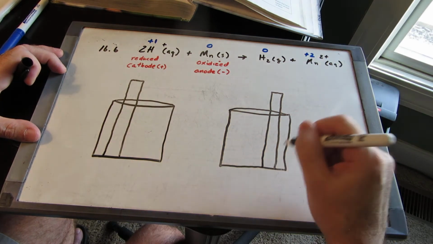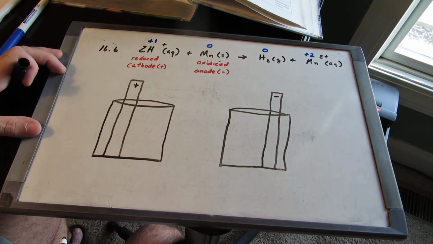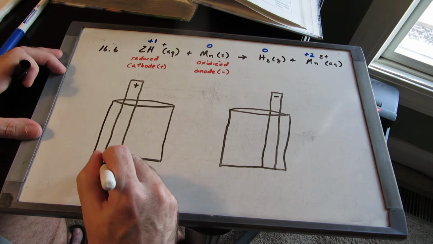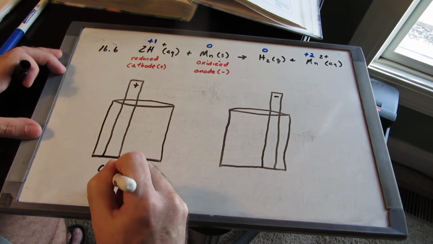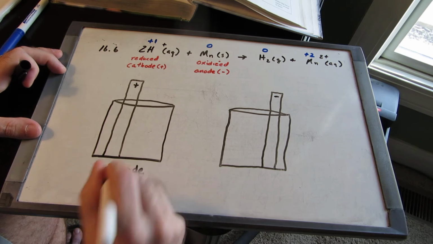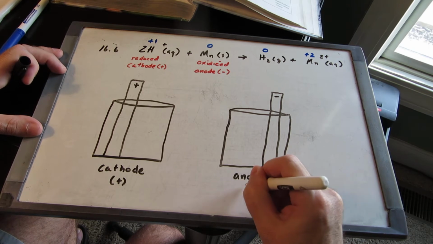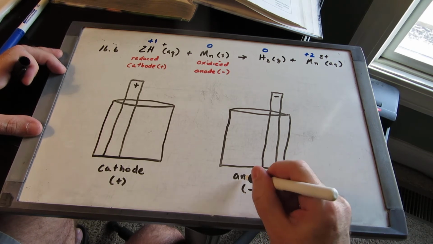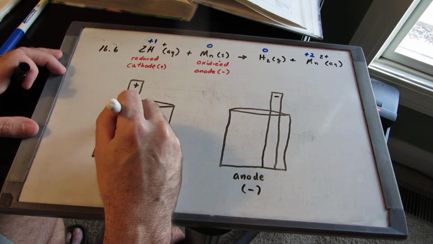I would like you to always draw the anode on the right and the cathode on the left. So this is the cathode. It's positive. It's got the T, which looks kind of like a plus sign. Anode: it's negative. It's got an N in it. It stands for negative.